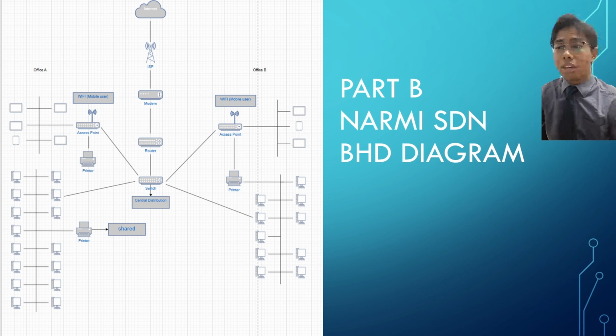There is also a central distribution unit which probably serves as a resource center or file server. Additionally, there is a separate guest Wi-Fi access point called Wi-Fi for guests, which allows guests to access the internet while separating them from the office network.